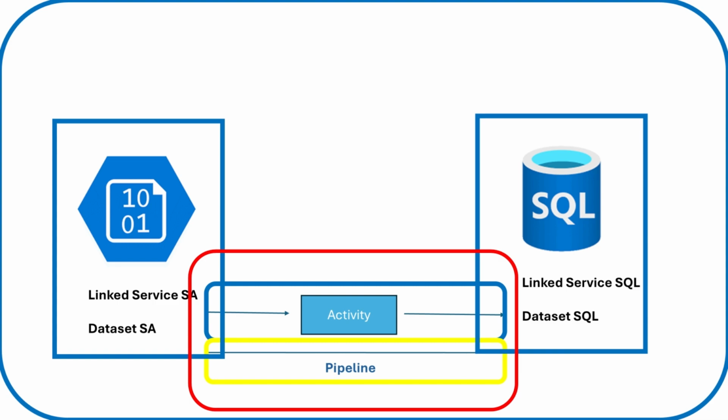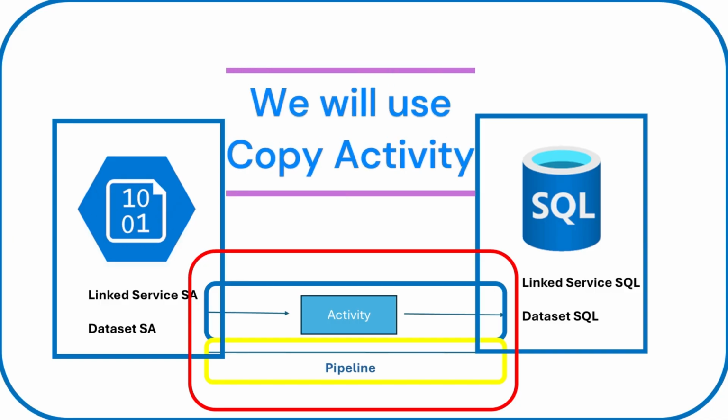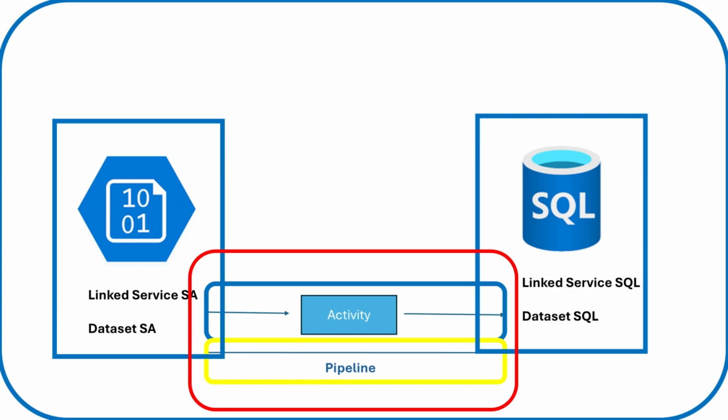Activity defines the action to be performed within the pipeline. Transformations and operations are various tasks that manipulate or move data. To begin, we will use the copy activity, which enables seamless data transfer from the source to the target. Once these components are in place, data movement becomes straightforward. This is exactly what we will cover in this video.